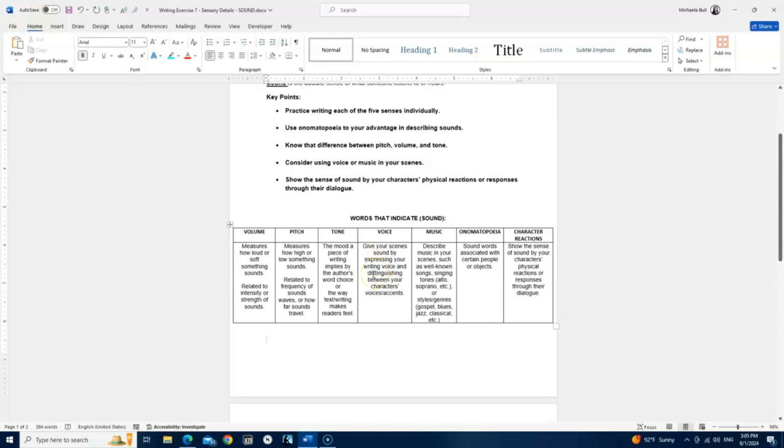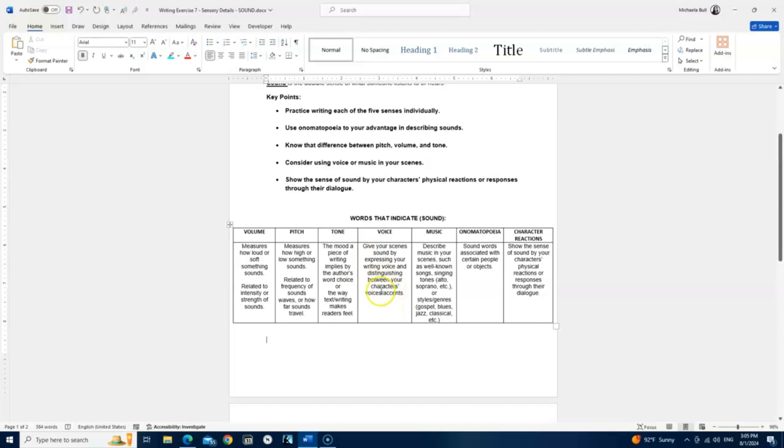Some writers, their writing is more flowery than others, meaning they're more descriptive, while others, their writing is more concise, but that is one way that writers can add voice by having their particular writing voice within their story.